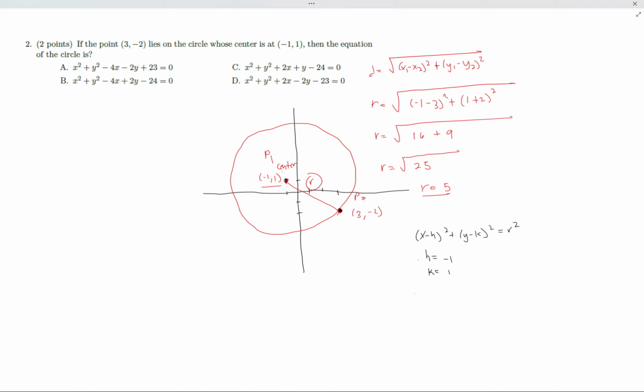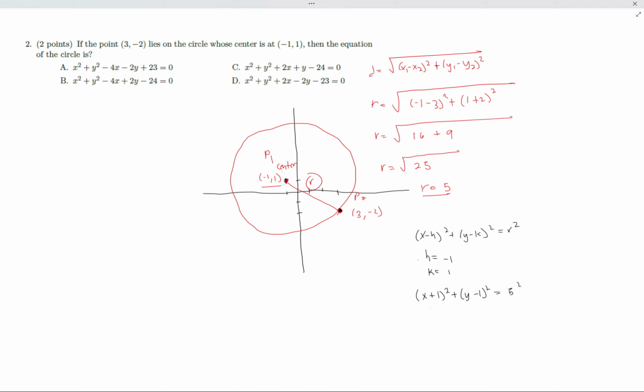So now we construct this standard form. This will become x minus a negative number, that is negative 1, so this becomes positive 1. And then we have here (y - 1) squared. And then our r is 5, so that will become 5 squared.